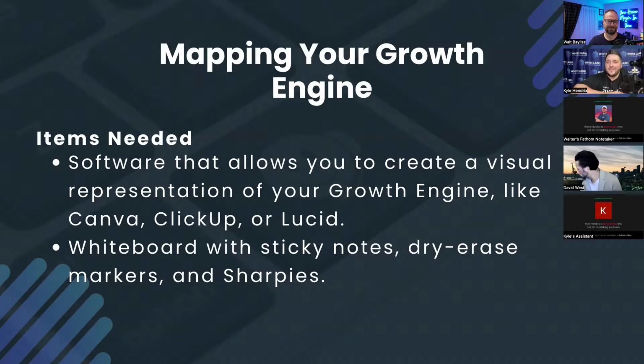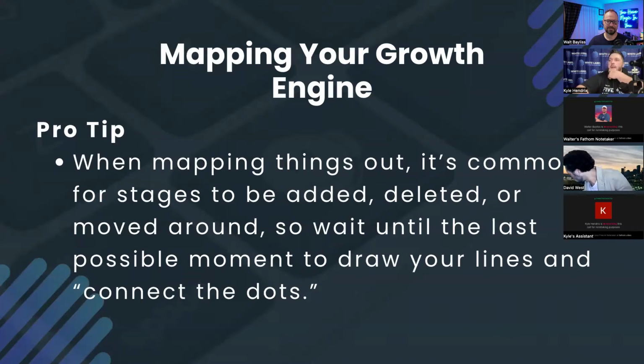But you can use that method as well to help you map those things out. And when mapping it out, it's common for stages to be added, deleted, things are moved around as you go. Well, maybe this piece doesn't fit. Maybe we actually start with this one. Maybe this is how we actually deliver on that process. So before you draw your lines, connect the dots, make sure you got those things in place first.